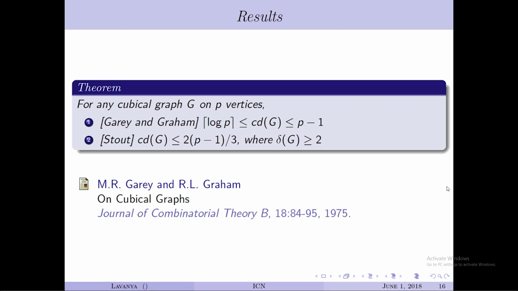So, there are graphs which attain these bounds, and there are also other improvements when my minimum degree is 2. So, star graphs and path graphs are now ruled out. If I look at minimum degree 2, that means I am not talking about a tree anymore, right. In that case my cubical dimension has been improved to 2/3 of p minus 1.